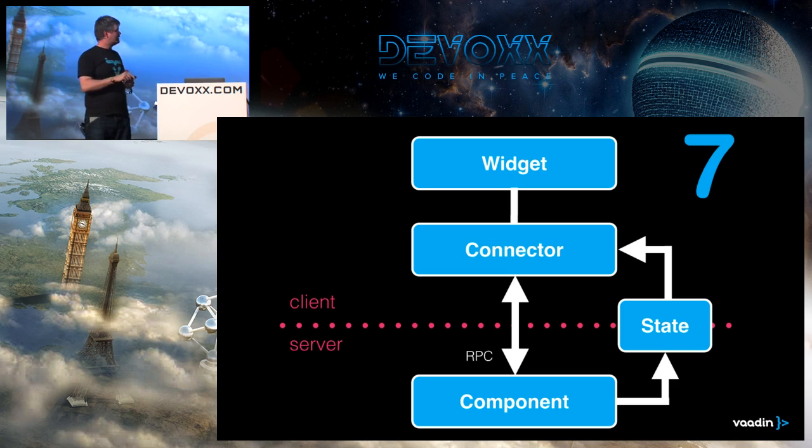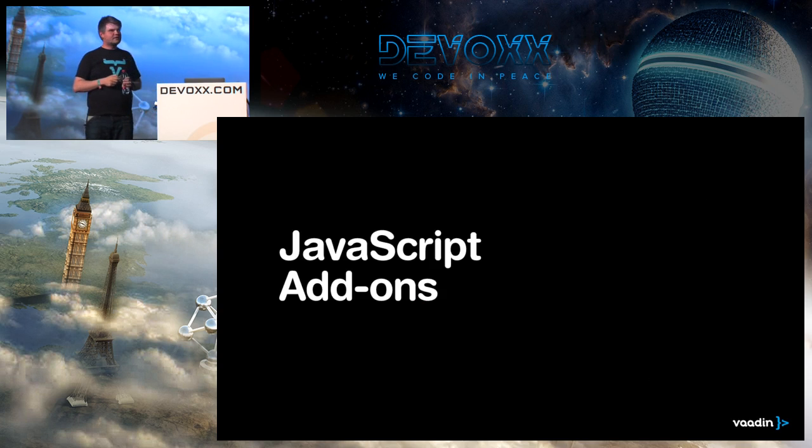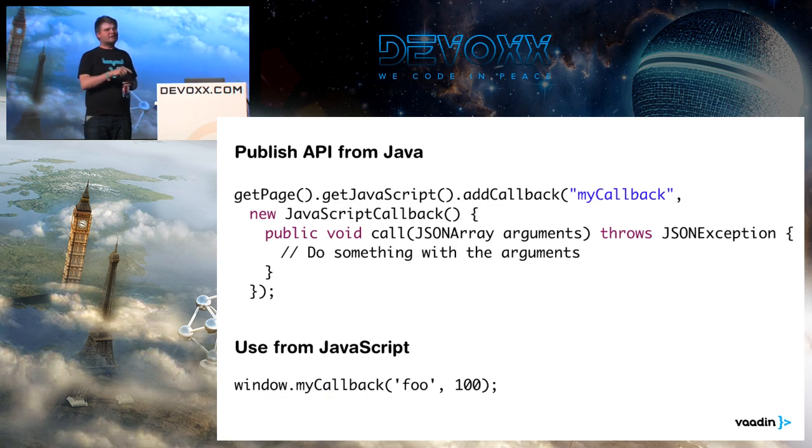So there are two ways, an RPC mechanism, and also a state mechanism, so that you can create a composite object on the server side, and all the state is automatically copied to the client side. So you don't have to do anything for it, and you can just access those with static typing on both client and server side.